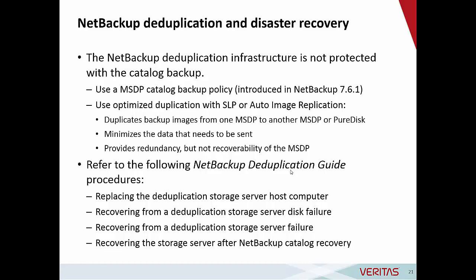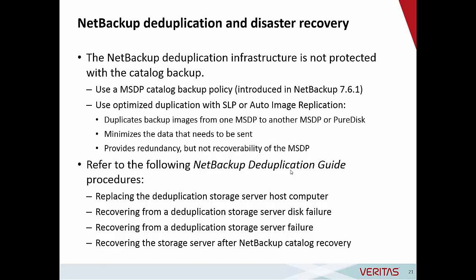You figure the copies you're making is one level of protection. Dedupe pools have an automatic shadow copy and self-healing capability built in, running all the time, doesn't need configuring. That's a second layer of protection. To add yet another layer of protection, I can use these MSDP catalog backup policies. And that's nice because, you know, maybe what I'm worried about is not just the full DR scenario, but what happens if I just get some really bad corruption in the pool and the pool's self-healing capability doesn't seem to be able to repair it.